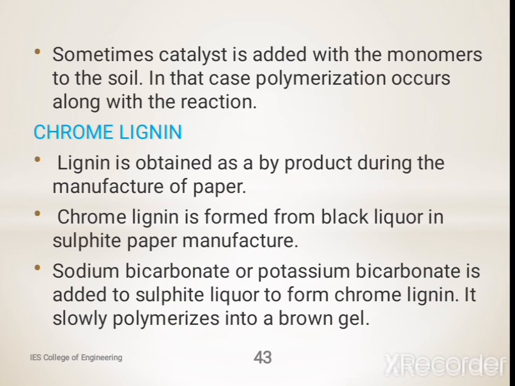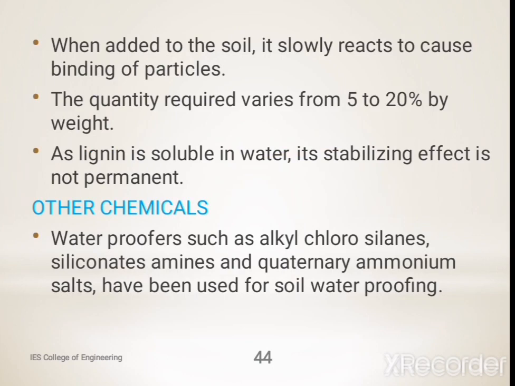It slowly polymerizes into a brown gel. When added to the soil, it slowly reacts to cause binding of particles. The quantity required varies from 5 to 20% by weight. As lignin is soluble in water, its stabilizing effect is not permanent.